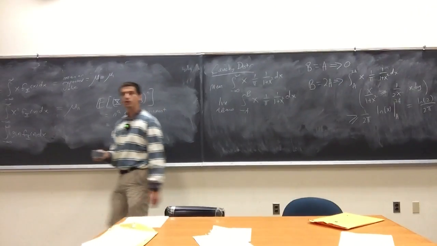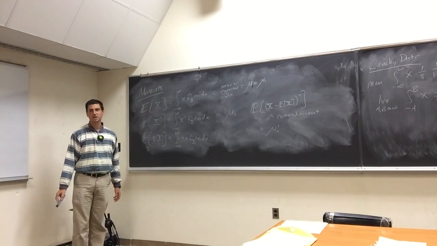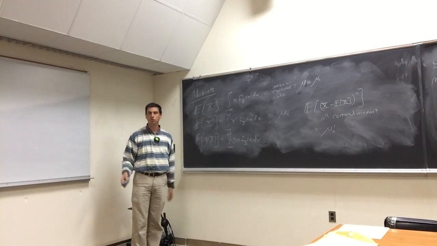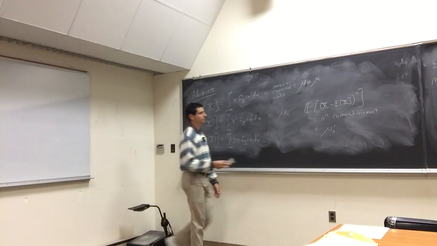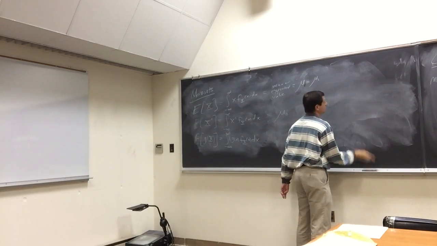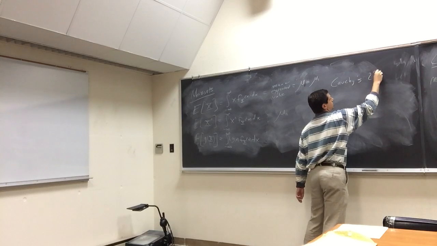If, however, you are not convinced, and if you really believe that this is just highfalutin advanced mathematics that nobody in the real world cares about, of course, it's symmetric, it should have mean 0, so we calculate the second moment. And so we try to calculate the second moment of the Cauchy.